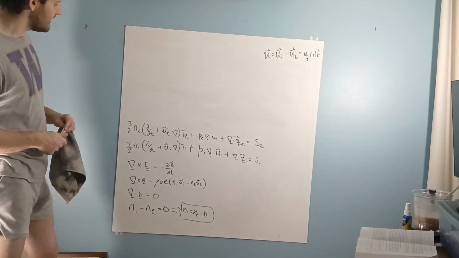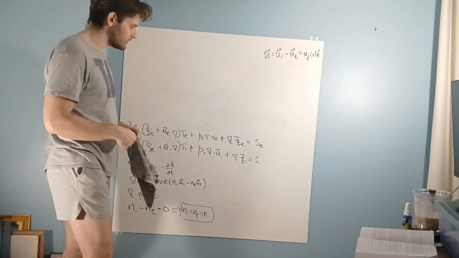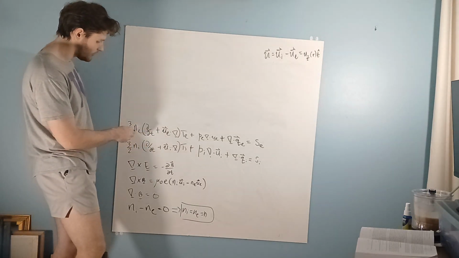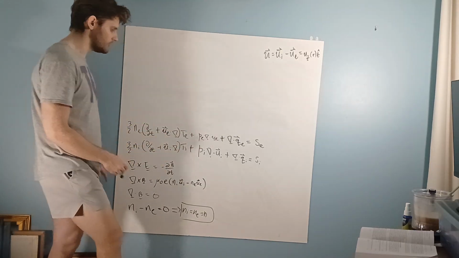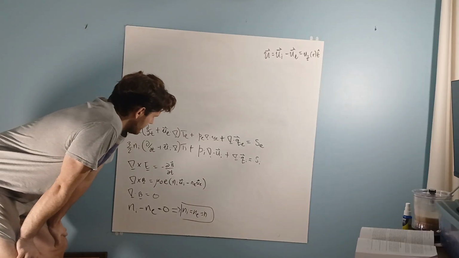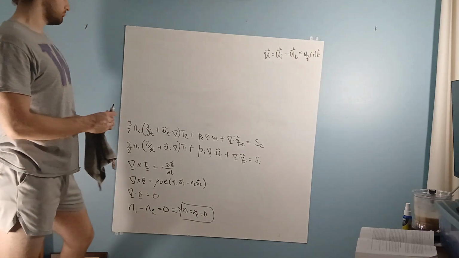Actually, I might have said that wrong. Anyways, we're not going to do that. What we're going to do instead is we're going to notice, because what you would have to do is you need to subtract this, or subtract this from that, because then you get the divergence of U. So why don't we go ahead, do I want to try that? No, I don't think I do want to try that.